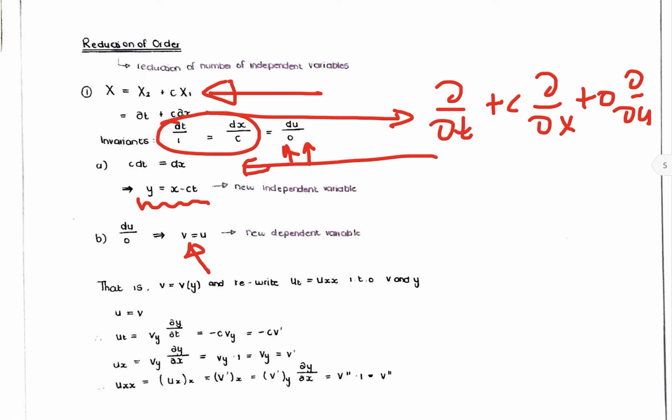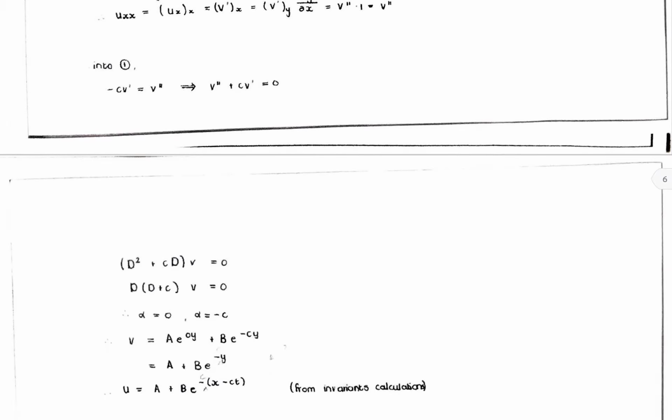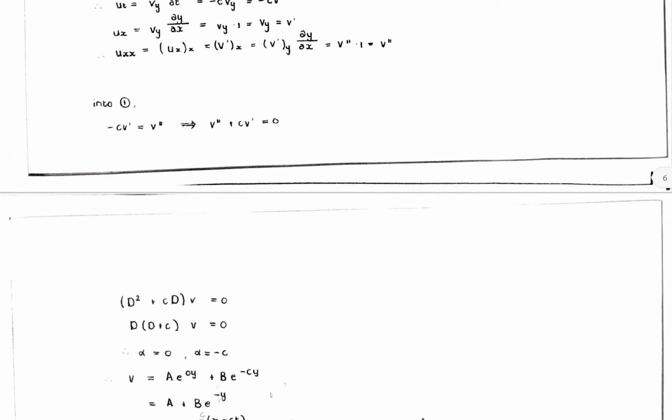Now we write the partial differential equation, the heat equation, in terms of v and y. We replace all the variables and the partial derivatives and end up with a differential equation that was rather straightforward, the reduced differential equation in this form here.